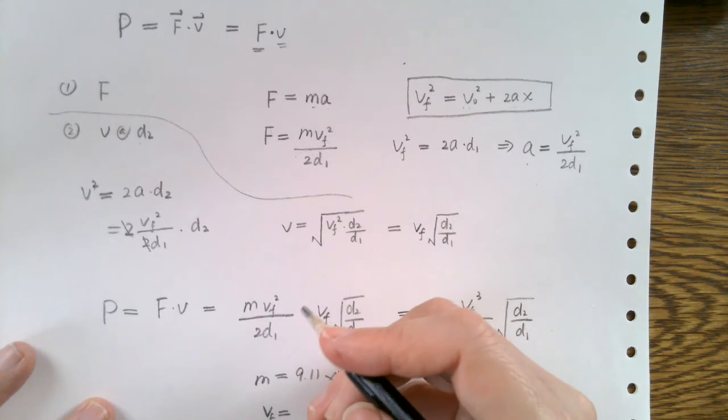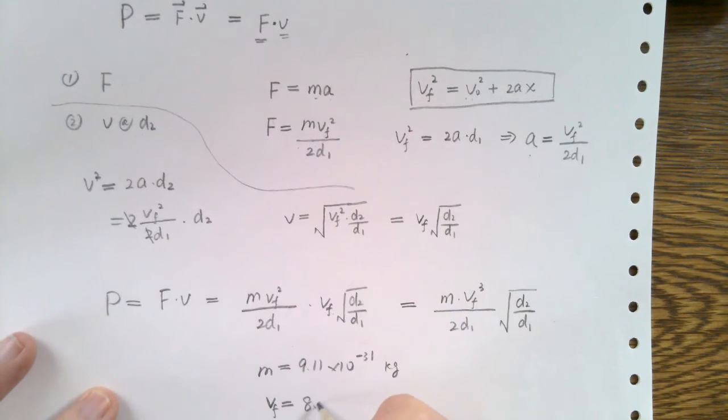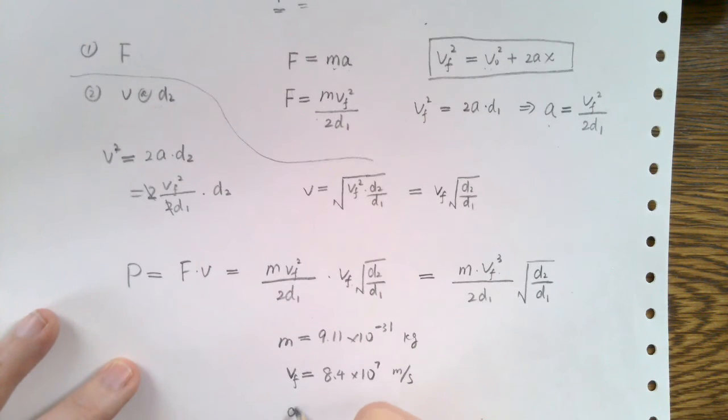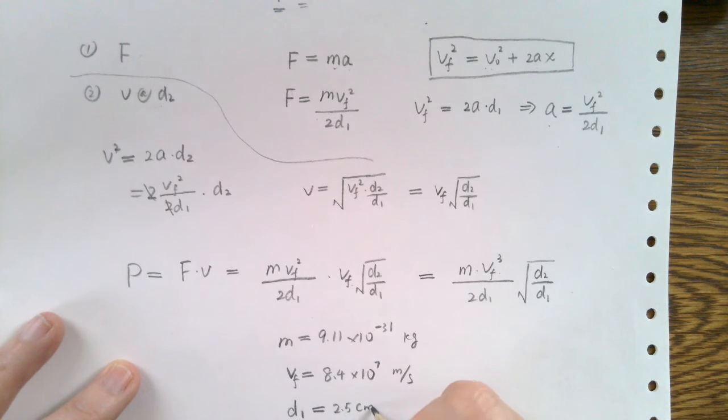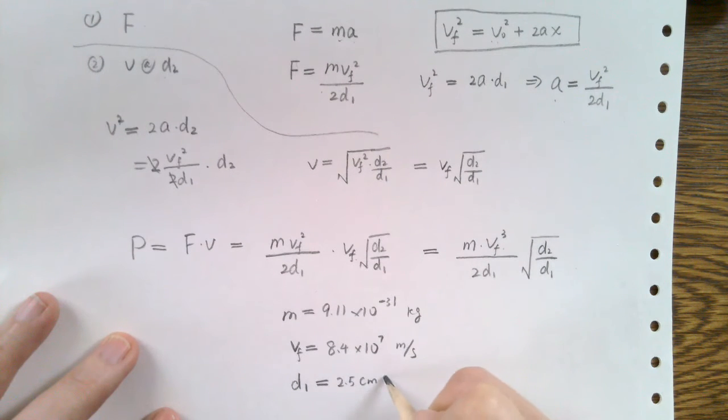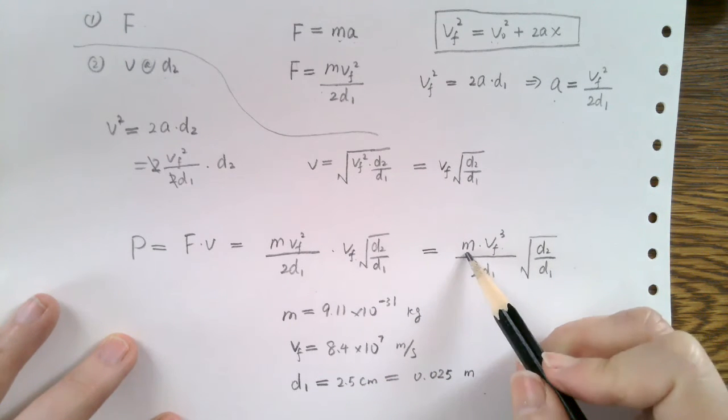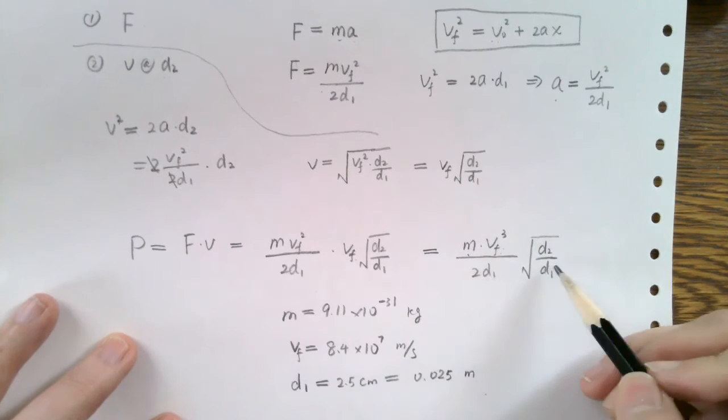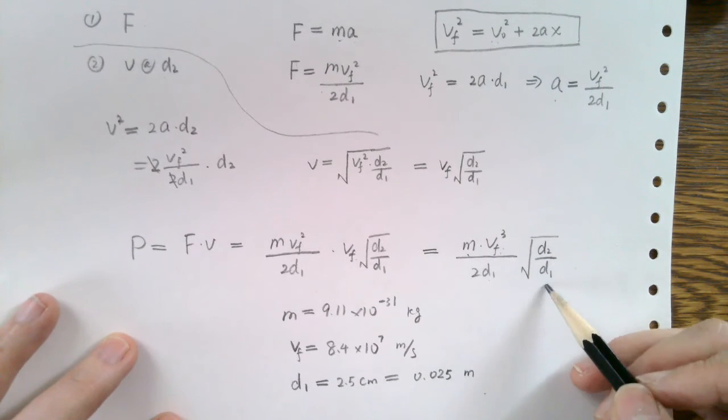We have the speed of 8.4 times 10 to the 7th power meter per second. That's Vf. And what is d1? d1 equals 2.5 centimeter. Let's turn this into meter, 0.025 meter. That's d1.